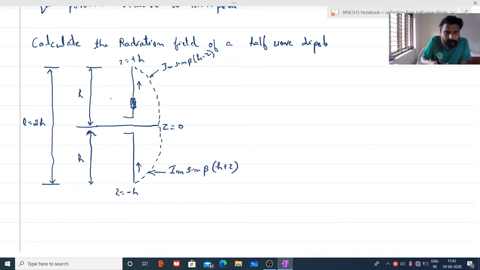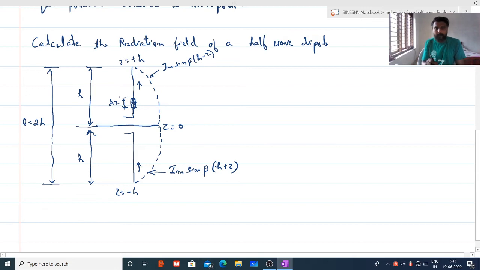This one I will take as dz, and from here to here I will take it as a set.